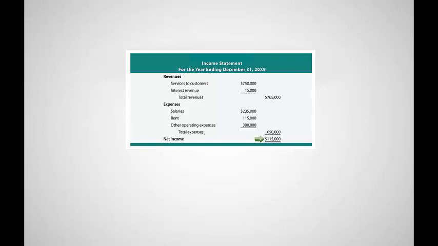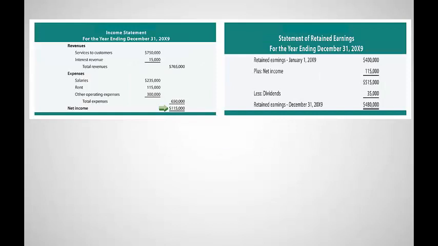Assets will not be here, liabilities will not be here, and stockholder equity accounts will not be here. So basically this is the money coming in from sales of product or services and the expenses associated with those sales. And hopefully at the end of a period you will end up with that lovely net income number down there.